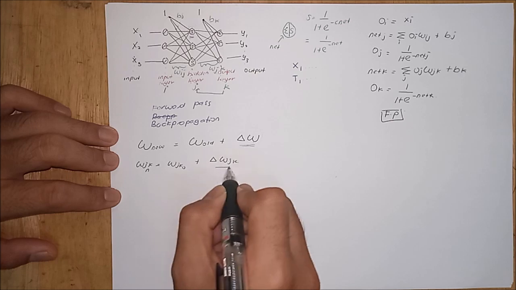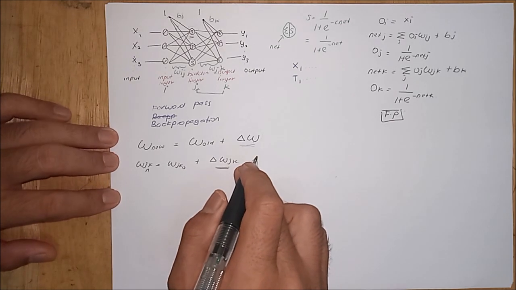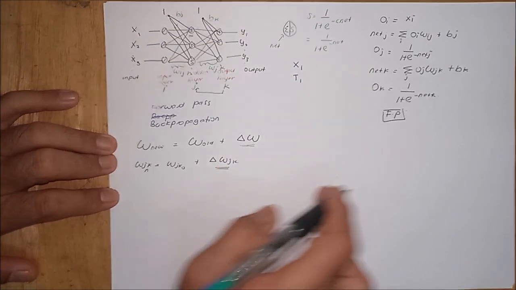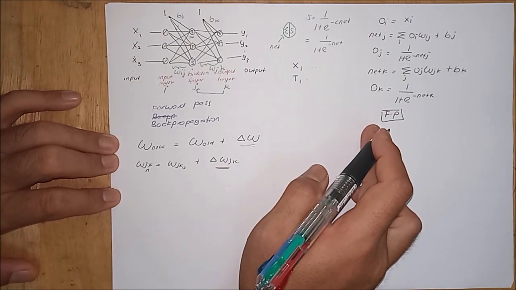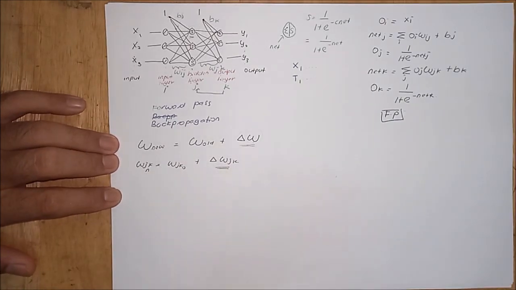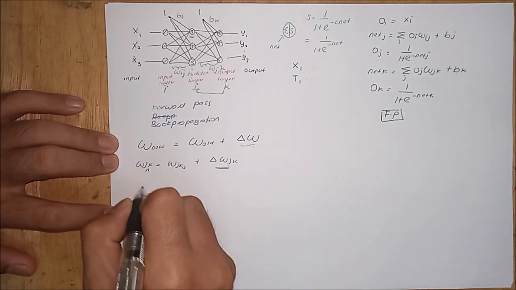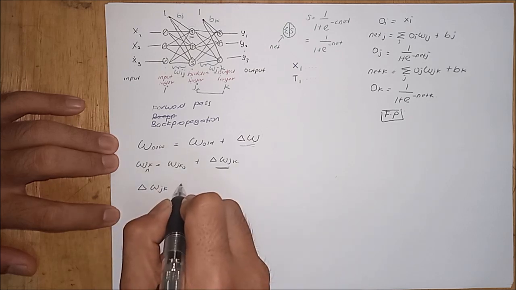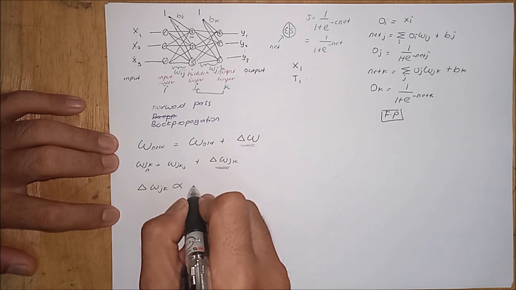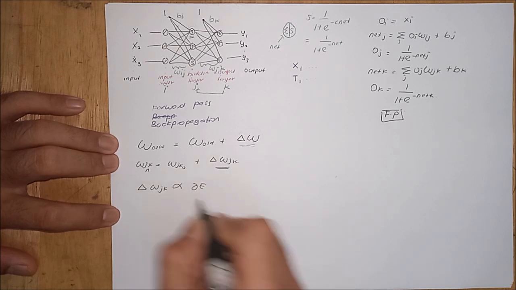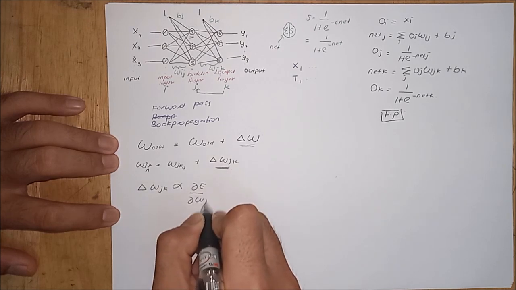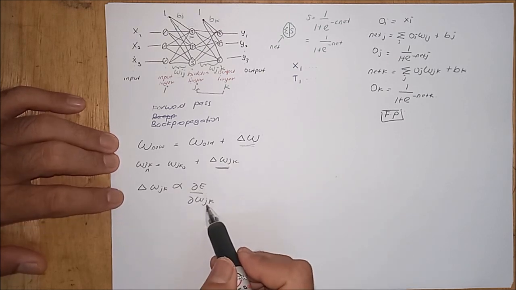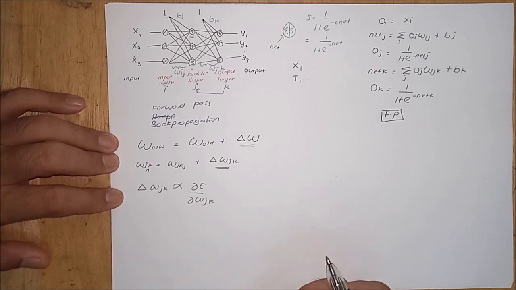Our aim is to find what delta WJK is for this particular condition by utilizing what we have derived from the forward pass. According to the backpropagation algorithm, delta WJK is directly proportional to dE over dWJK, which is the rate of change of error with respect to the rate of change of WJK.